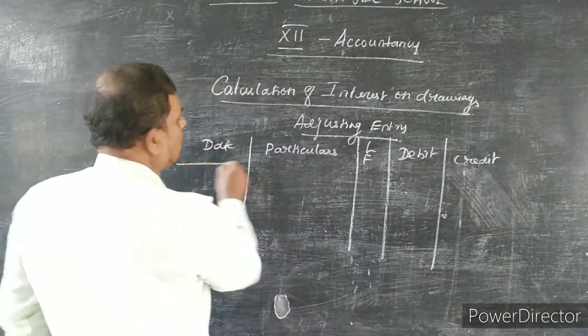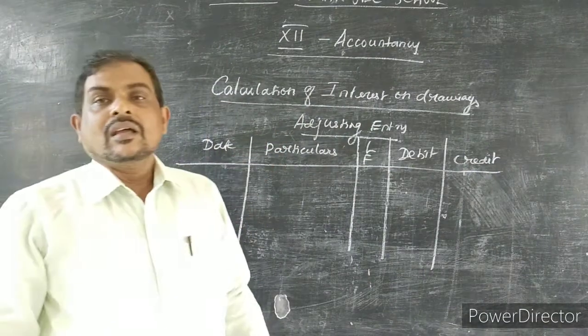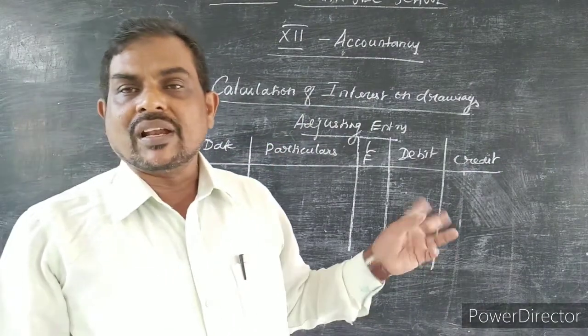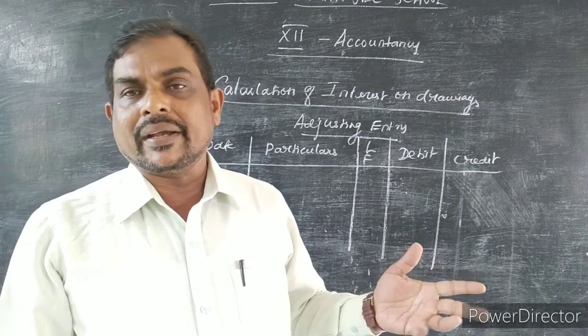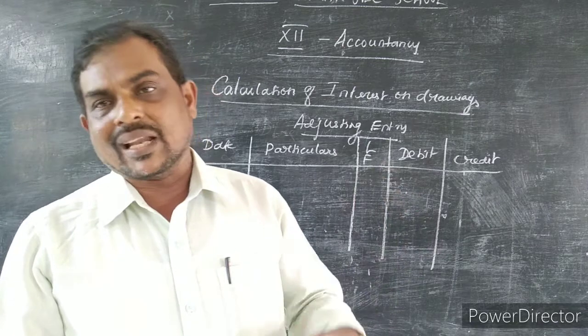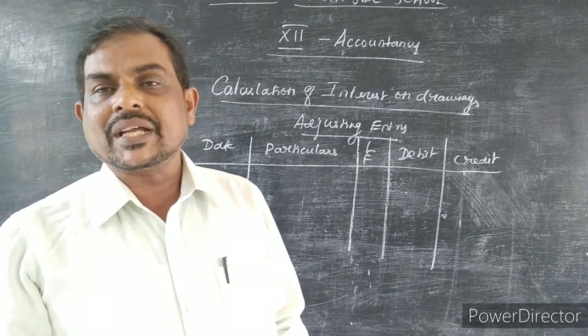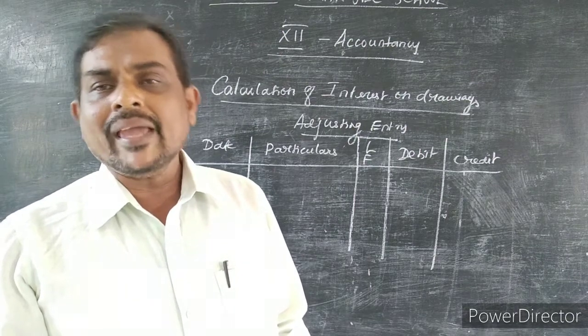Okay, so what is the adjusting entry for interest on drawings? Interest on drawings is income, so it will come in the credit. Then who will come in the debit? This amount will be deducted from the partner's capital account. So partner's capital account will be debited and the interest on drawings will be credited.